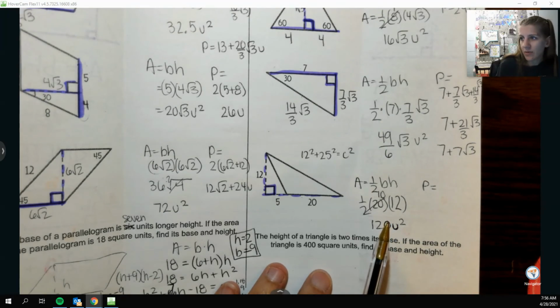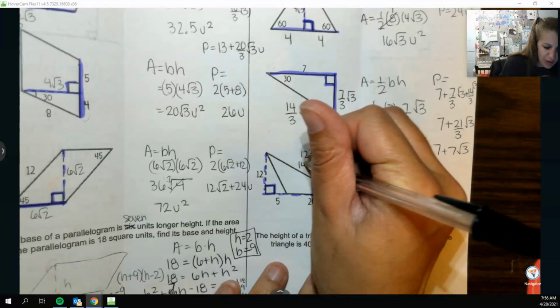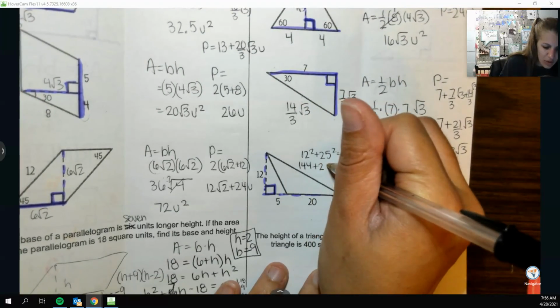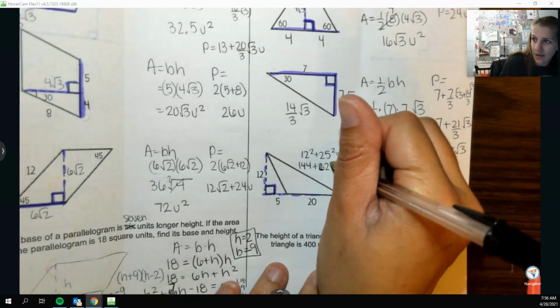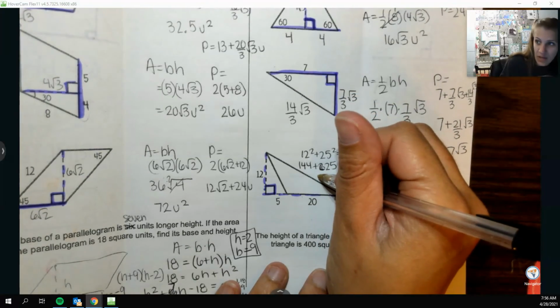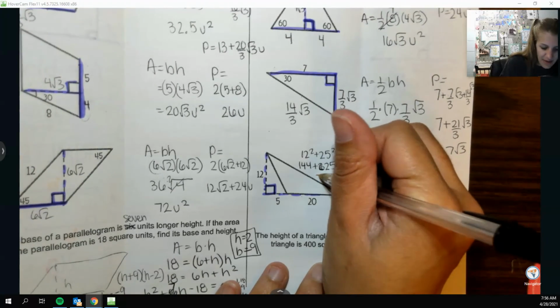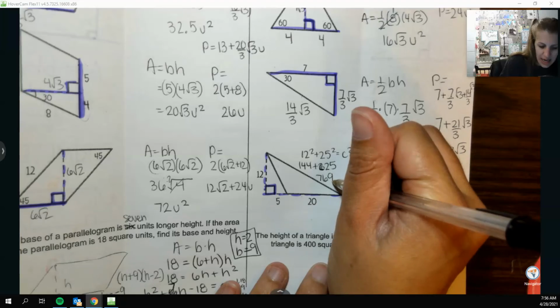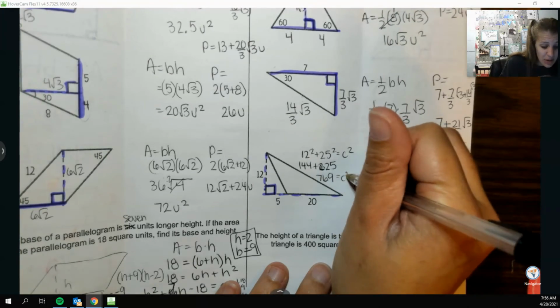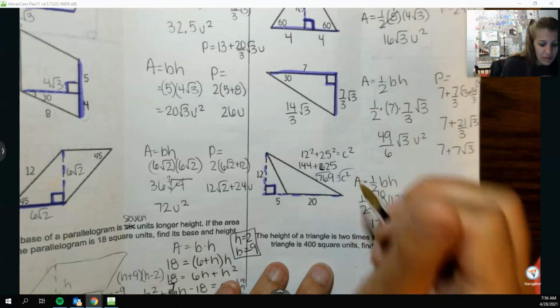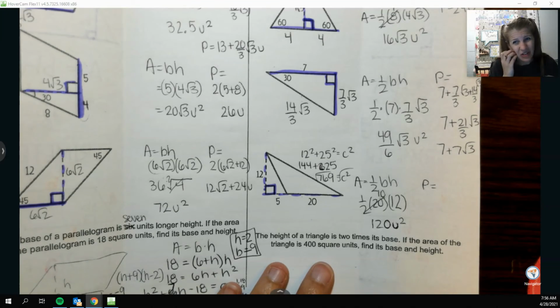Oh yeah, 12 squared is 144, 625. And then if I add those up, that is 769, which then when I square root that is not very nice, but I also don't want to simplify it.